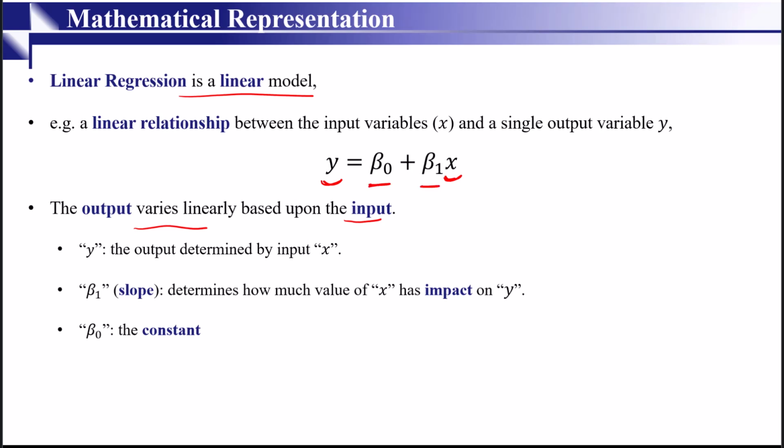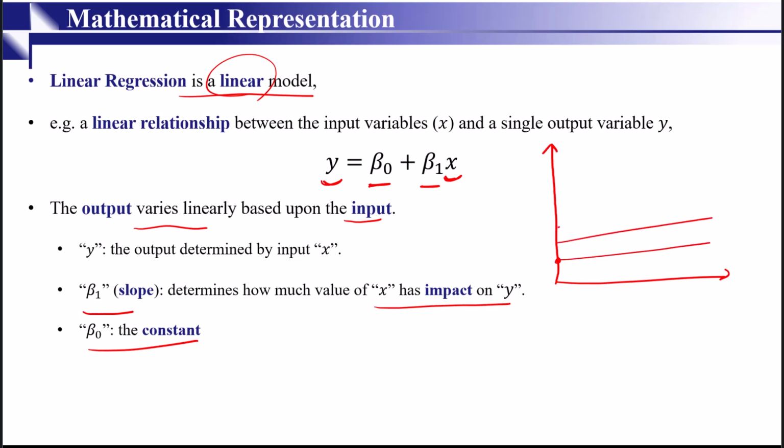So here we have two other variables, beta 0 and beta 1. Beta 1 is the slope, right? This determines how much x has an impact on y, and beta 0 is a constant. If we want to draw a line, because it's a linear model, we need two values. The first is where to start the line, which is beta 0, or the intercept.